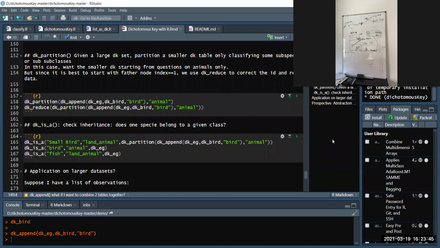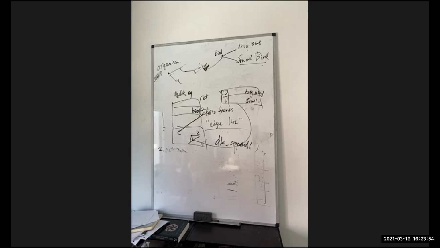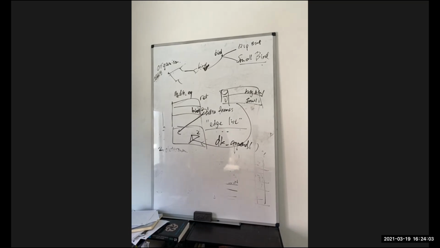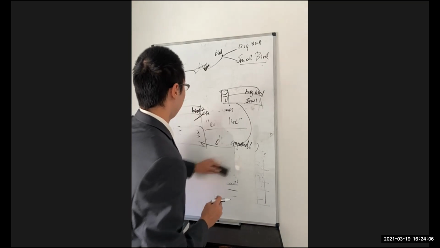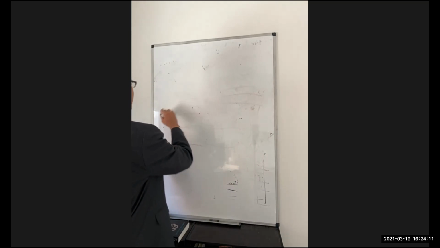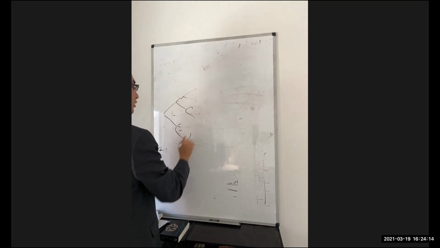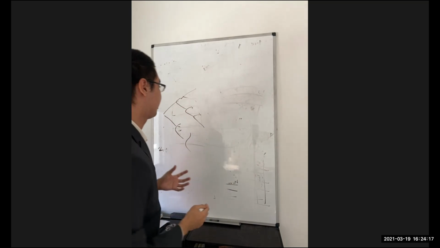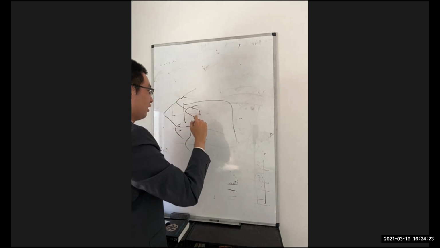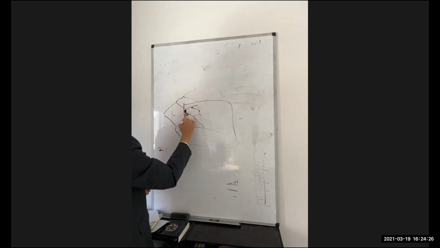And if I can join two dichotomous key tables together, I can also split tables apart, and this is very easy because, suppose this is the new dichotomous key table, and if I want to snip some sub dichotomous table, I just need to know what I start with.